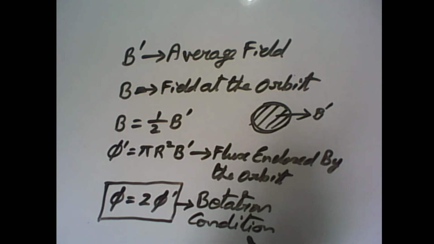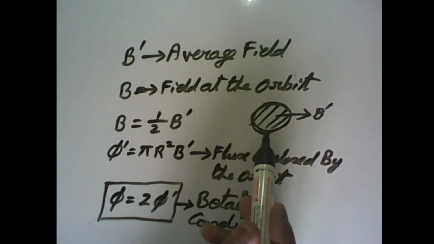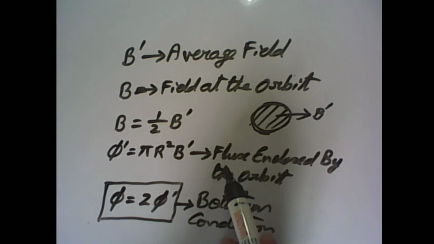So the whole design of the Betatron goes into achieving this condition known as the Betatron condition. That is, the flux through the orbit is twice the flux enclosed by the orbit if the magnetic field were to be uniform over the area.